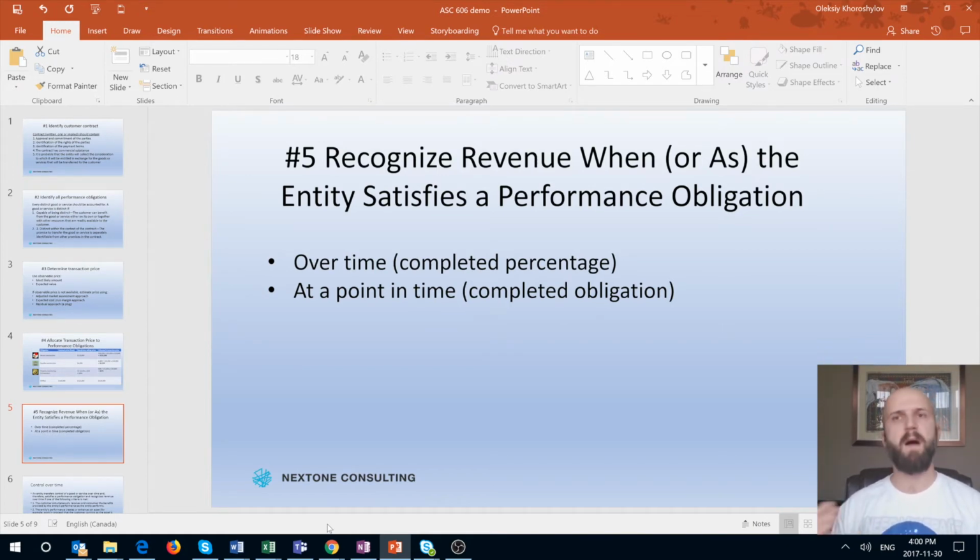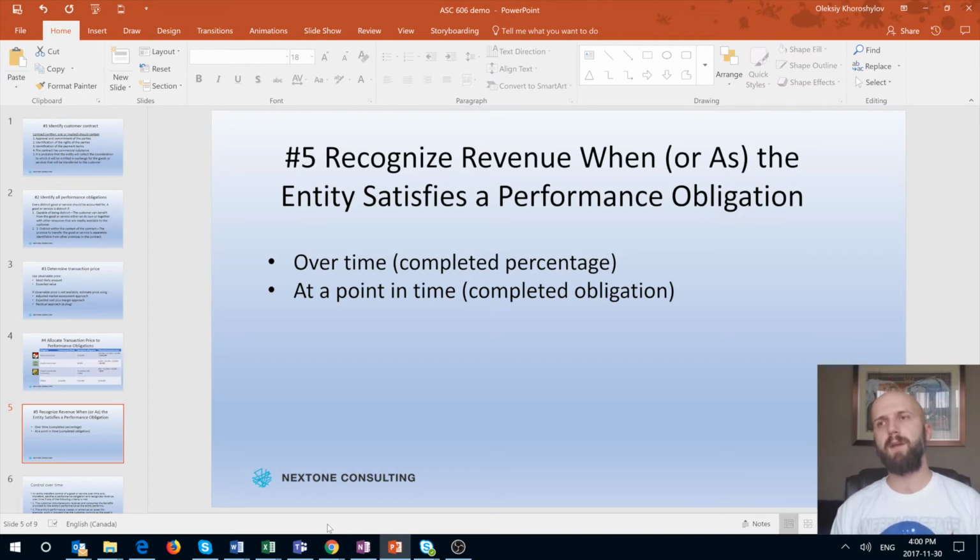That means every month, every week, with a certain periodic function, we can recognize our revenue. But also, we can recognize the revenue at a point in time, which equates to the completed obligation or completed contract principle in D365. That means only when we pass control to the customer, we can recognize revenue.